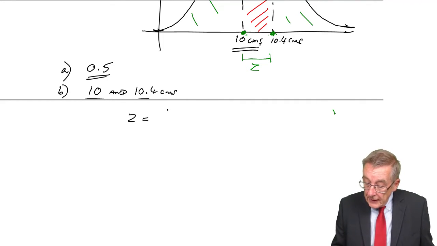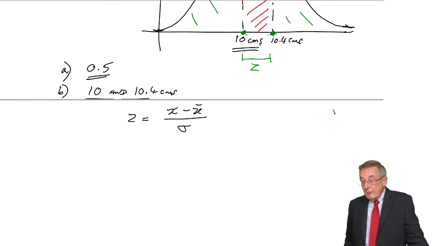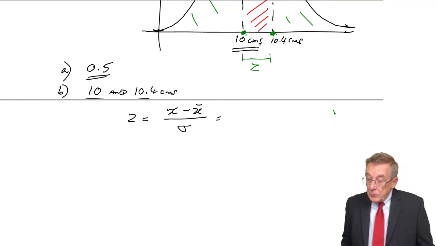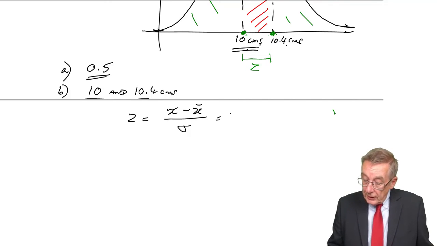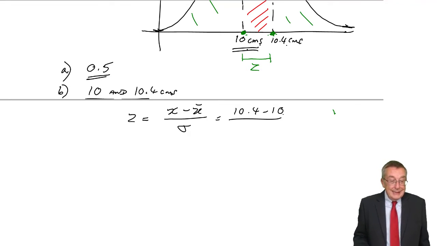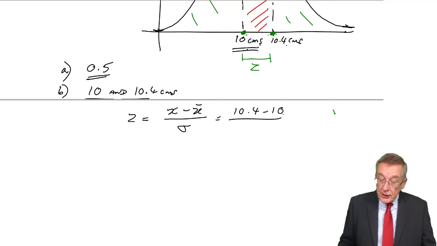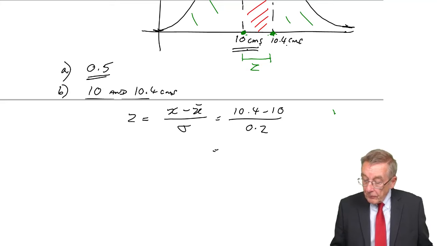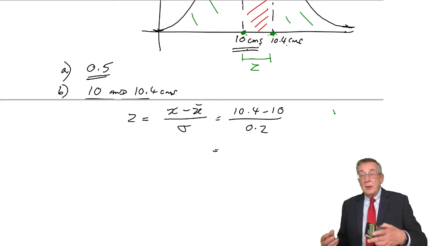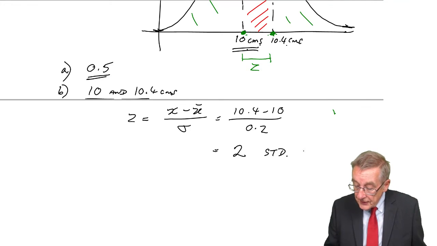Z equals x minus x bar over the standard deviation. How far away is it? Well, 10.4 as against 10. We're 0.4 centimetres away. What is the standard deviation? It says here the standard deviation is 0.2 centimetres. And so 10.4 minus 10 is 0.4. Divide by 0.2, it's 2 standard deviations.